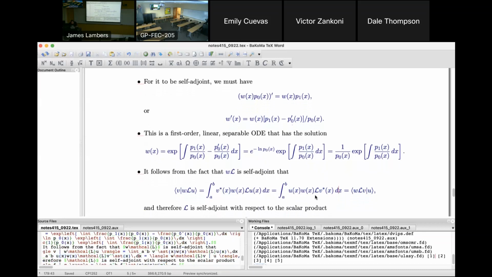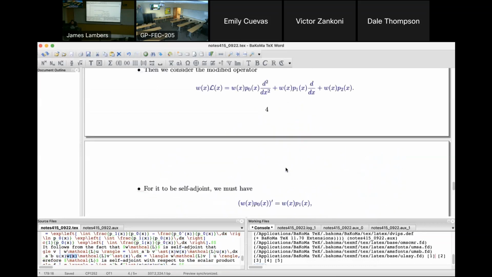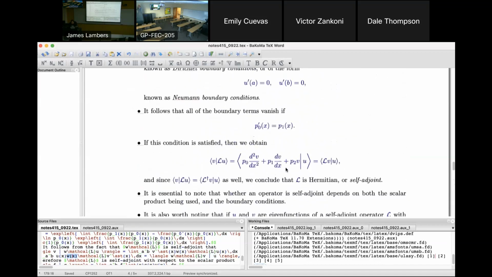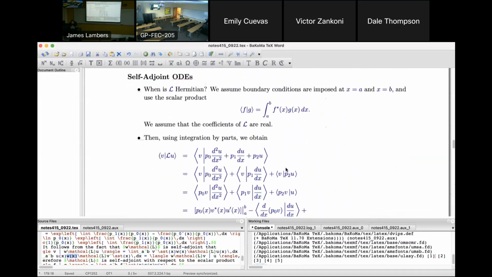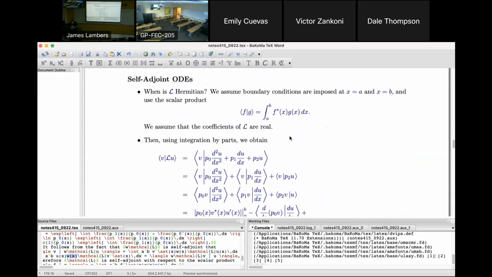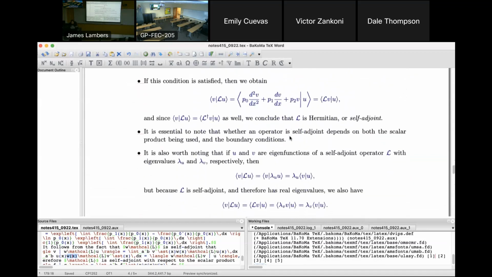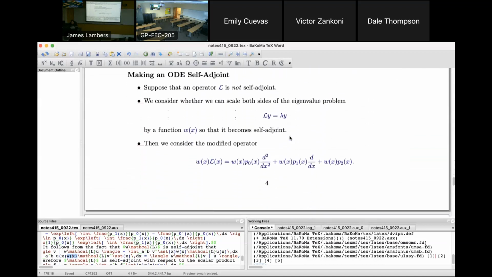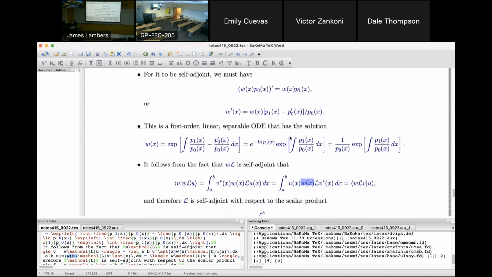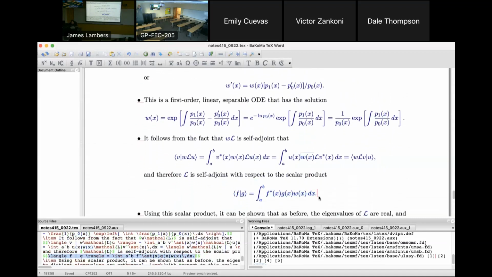But another way of looking at it is if I treat w of x not as part of the operator, but rather as a weight function. Because notice we have w of x just as is in both versions of the integral. So instead of thinking in terms of the standard scalar product, what I can say is the original operator L is self-adjoint with respect to this scalar product with the weight function w.